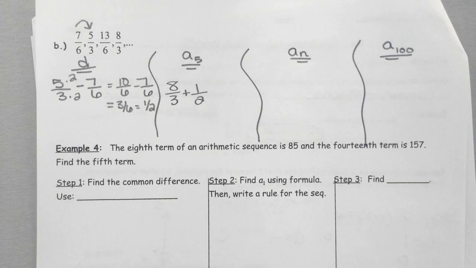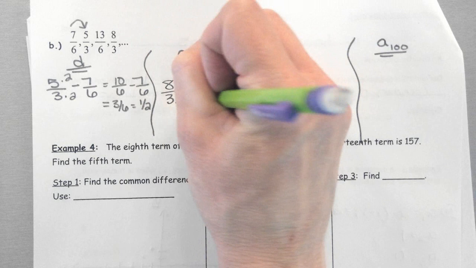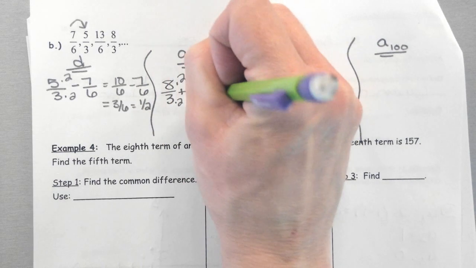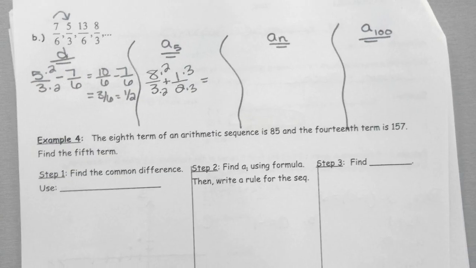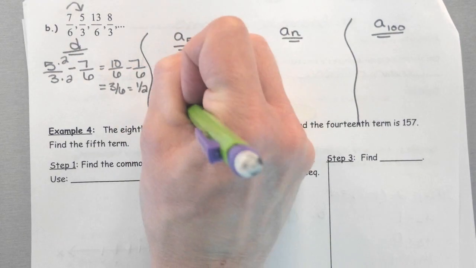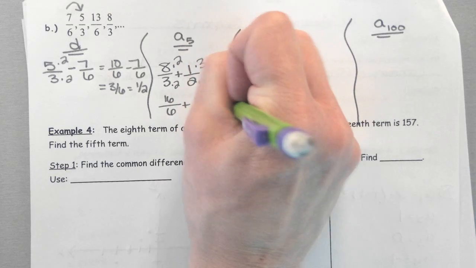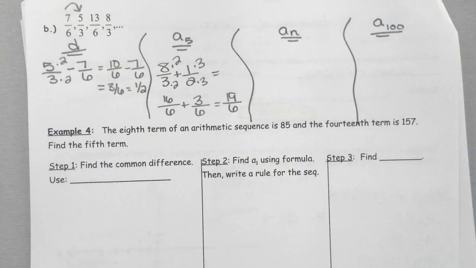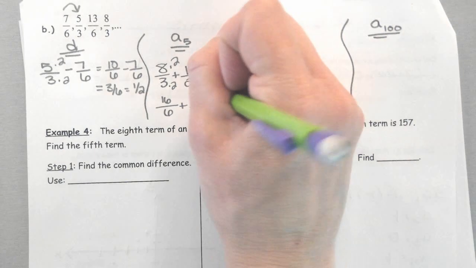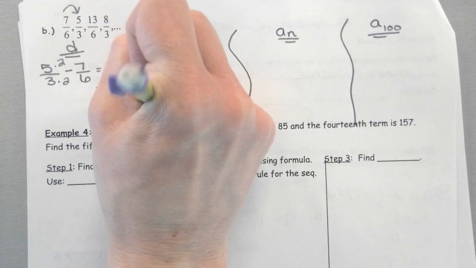No common denominator, right? We need one. So I'm going to multiply by 2s and by 3s so I can actually turn it into things that I can add. So I get 16 over 6 plus 3 over 6. So I get 19 over 6. Can't reduce that, so this is where I live for this term. This was my constant difference.